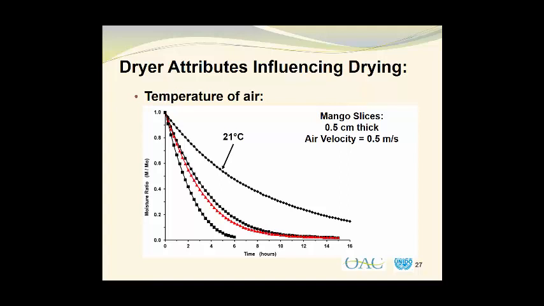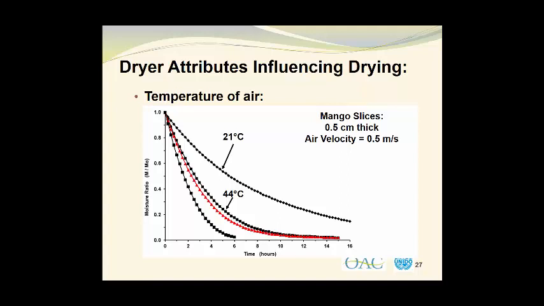So now that we've done the run at 21 degrees Celsius, we can see what happens when we increase the temperature to 44 degrees Celsius, and there is a noticeable difference in the rate of drying. You can see how the moisture content decreases much more rapidly at 44 degrees Celsius than it did at 21 degrees Celsius.